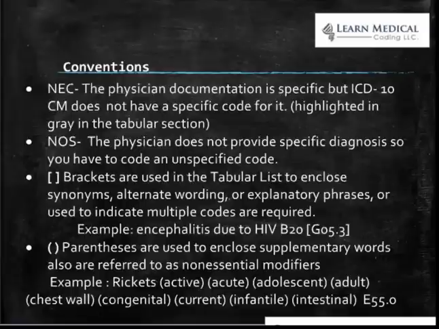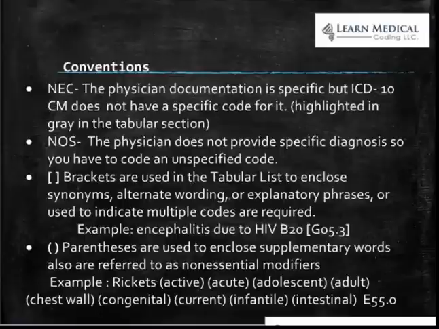So you may have an unspecified code for that specific location of a breast mass, okay? But then when the physician gets a definitive diagnosis and says it's breast cancer, you have a definitive diagnosis that is specific, okay? So the NOS codes, again, are used where there's no specific diagnosis documented by the physician, but there's a specific diagnosis available in the ICD-10-CM book.